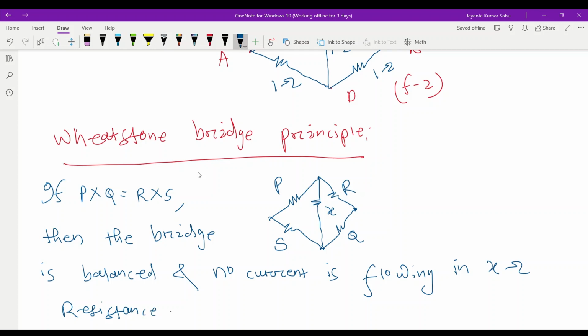That means it behaves as an open circuit.